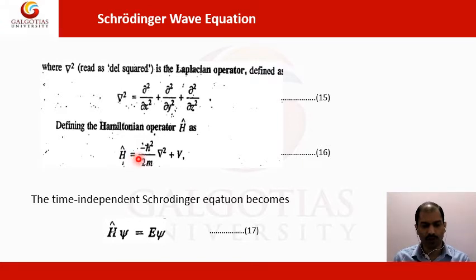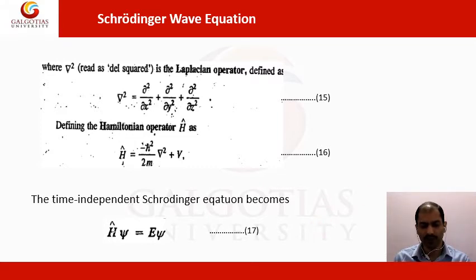Here it has the relation minus h cross square upon 2m del square plus V, where V is the potential energy. So the time independent Schrödinger equation becomes H cap psi equal to E psi. This is the simplest form of the Schrödinger equation.